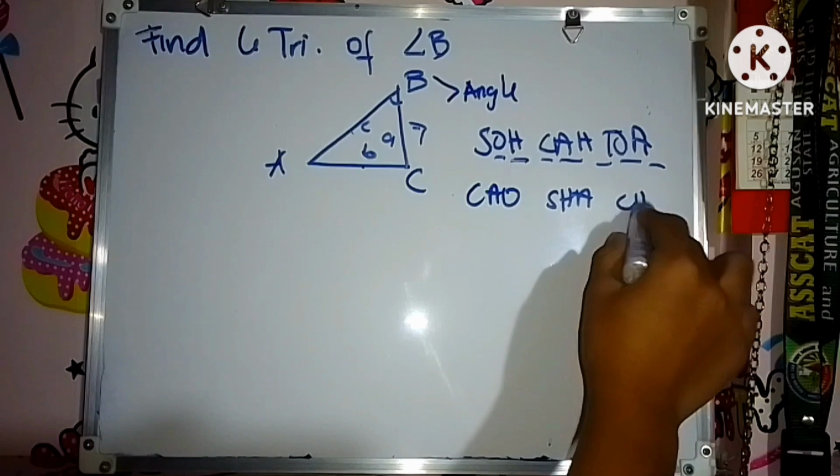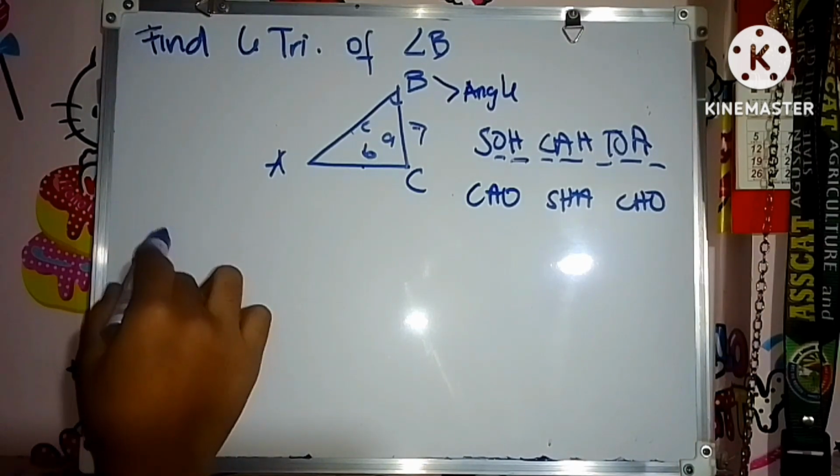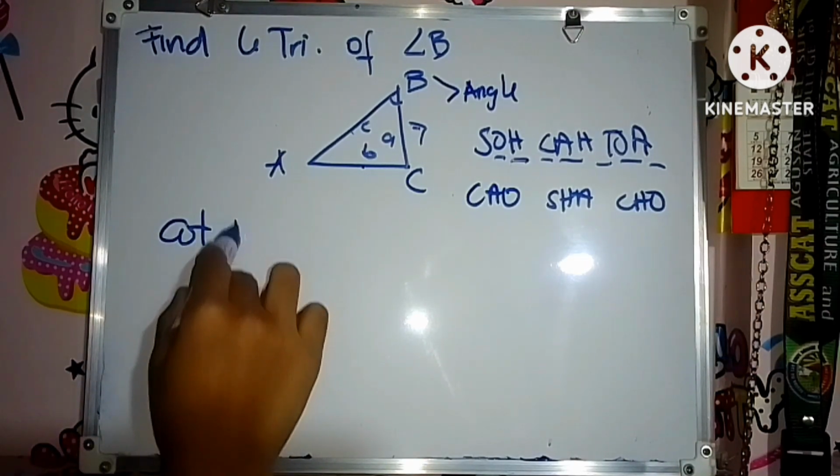Next is the CAUCHA-SHU, or the cosecant, secant, and the cotangent.